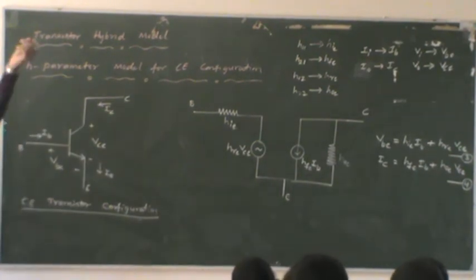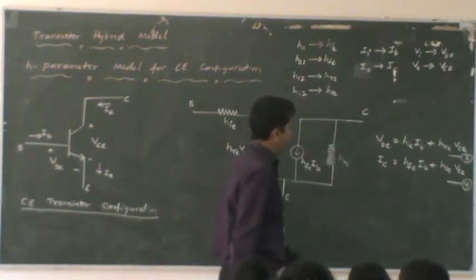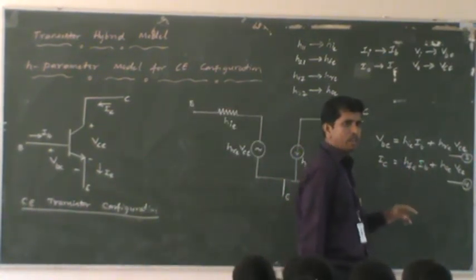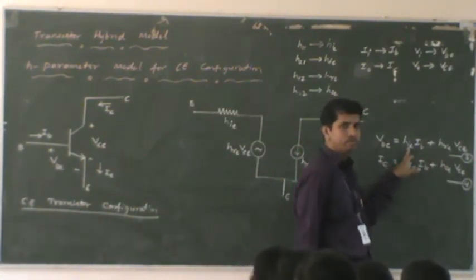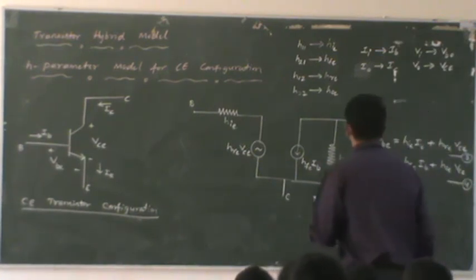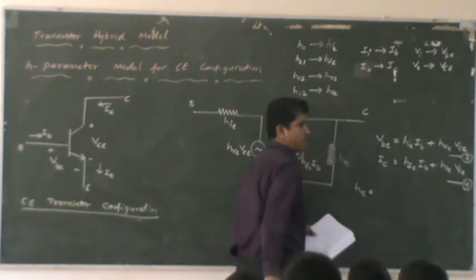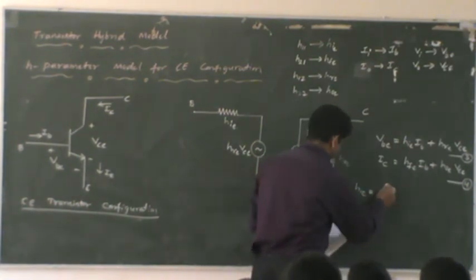Now can we define parameters for this? We have defined H11 earlier, remember that? Now can we define HIE? Go ahead, use partial calculus definitions. What is HIE? I write the general definition.